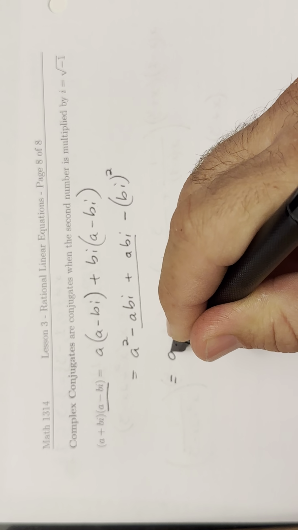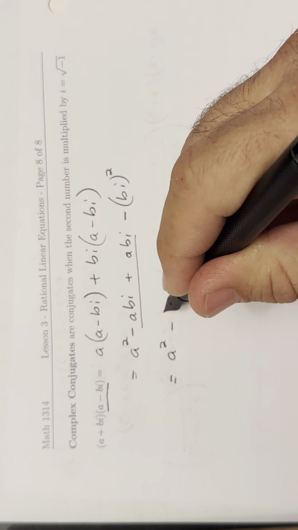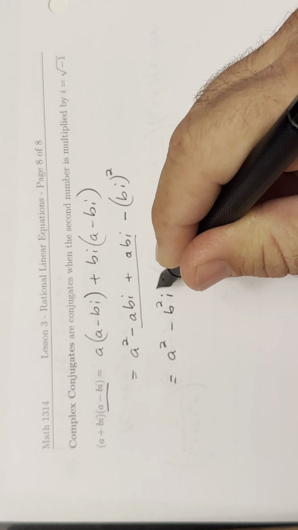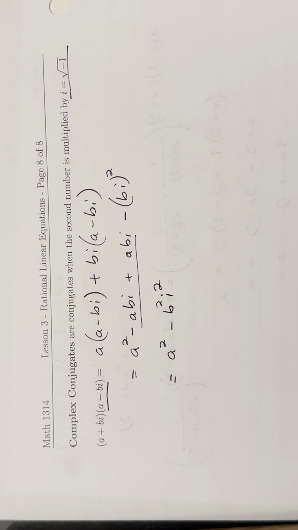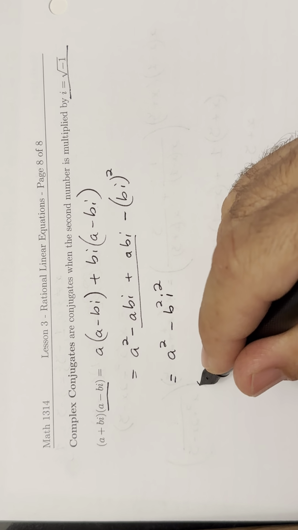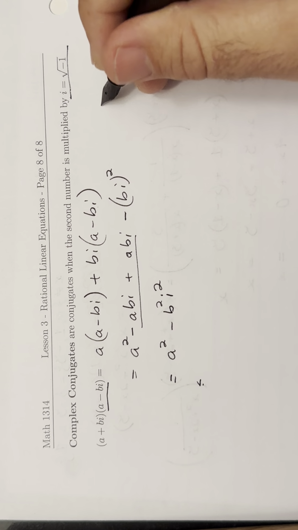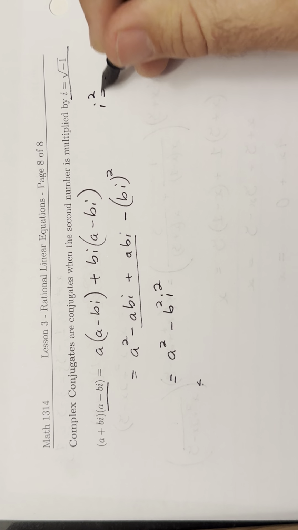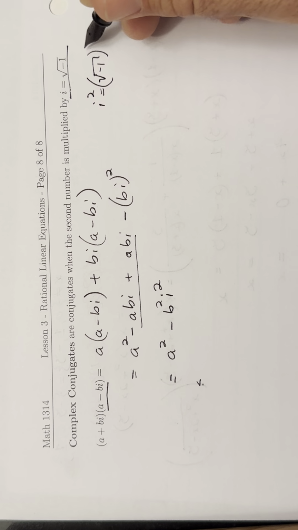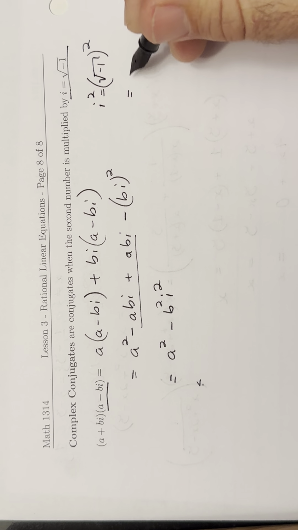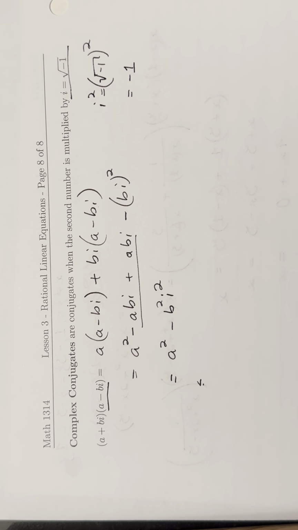And so what do I have left but a squared minus b squared times i squared. Now, what does i equal? It's the square root of negative 1. So this is, let's do it over here. i squared is simply negative 1 square rooted and then squared, or simply negative 1.